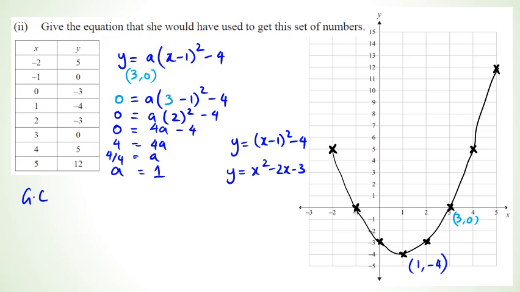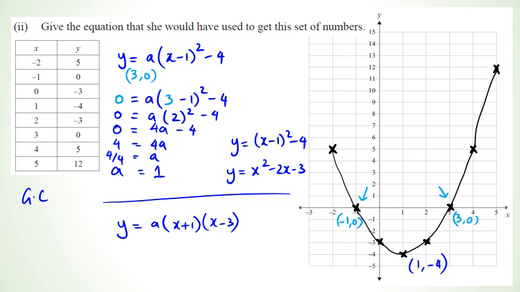And if you had done this with the intercept form, remember that with intercepts, you've got one intercept there and the other one there. So with the intercept form, you could write it as y equals A times (x plus 1)(x minus 3). And basically, guys, just substitute 3 and 0 and work it out again. Nah, you don't want me to show you, do you?